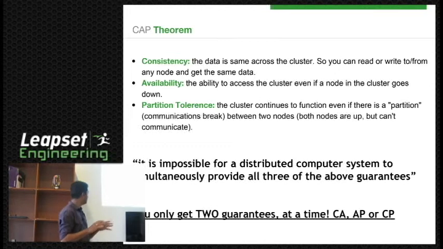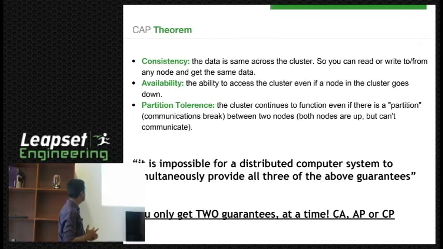As soon as it becomes distributed, you cannot simultaneously provide all 3 features. You can only get 2 features out of this at any given time, right? You either get consistency or availability, or you either get consistency or partition tolerance, or you either get availability or partition tolerance. Those are the 3 types of combinations that you can get out of this, right?